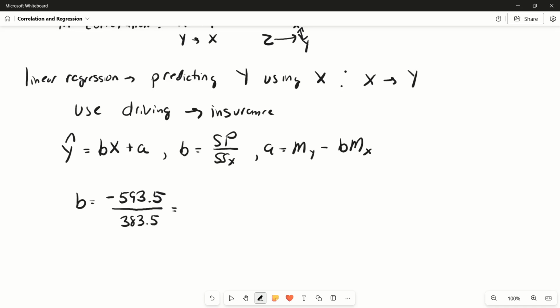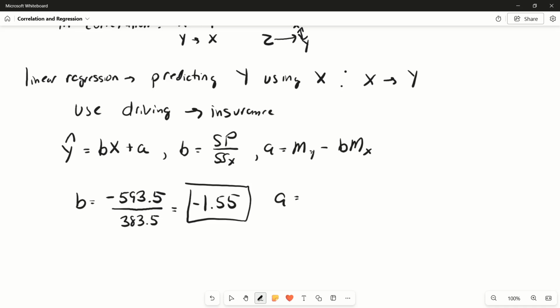When I do the division here, the slope becomes negative 1.55. That's your slope. It's a negative slope. It's a negative correlation, so it makes sense that it's a negative slope for the prediction line, the regression line.